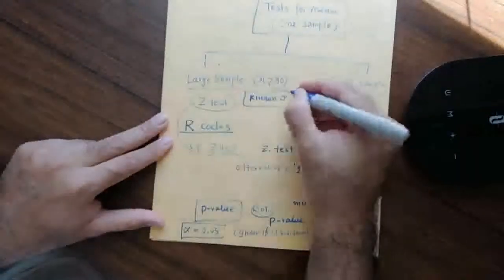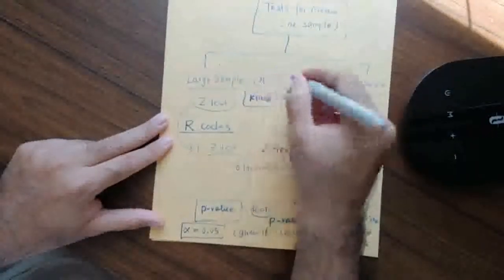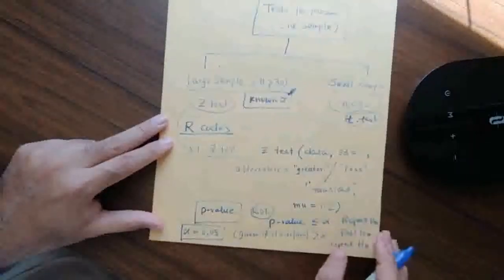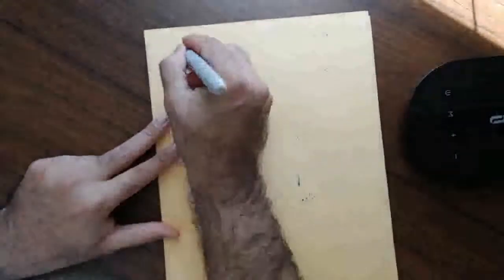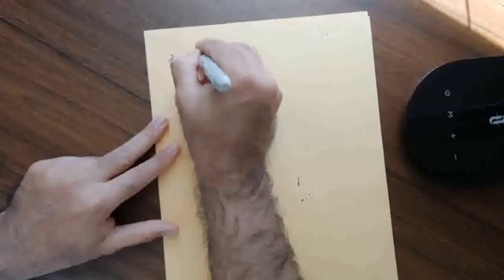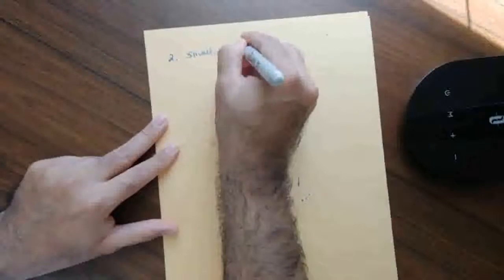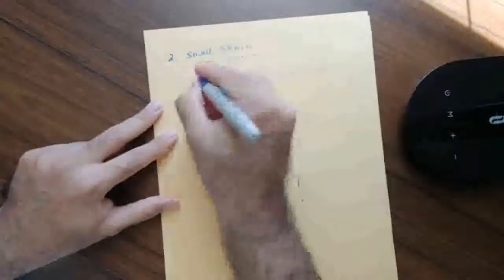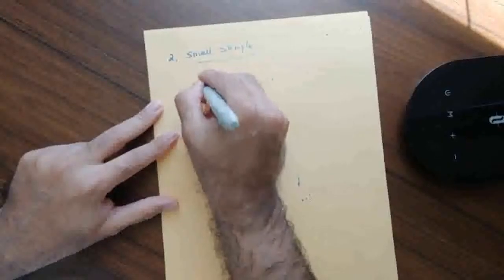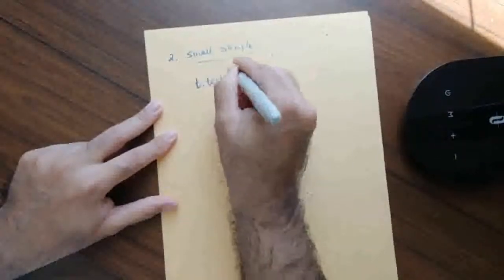When you do the z-test, it's known sigma or n bigger than or equal to 30. Similarly, there is a t-test for the small sample. So number 2, for the small sample, and again, I'm going to give you the code in the PDF document, but the code looks like a t-test. It's the same idea.